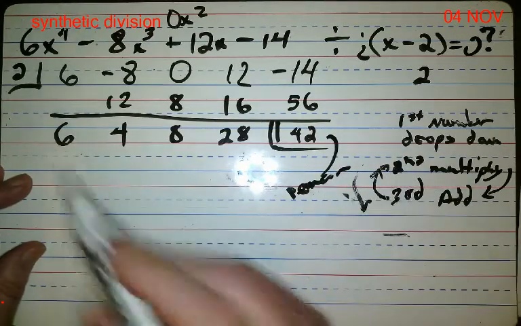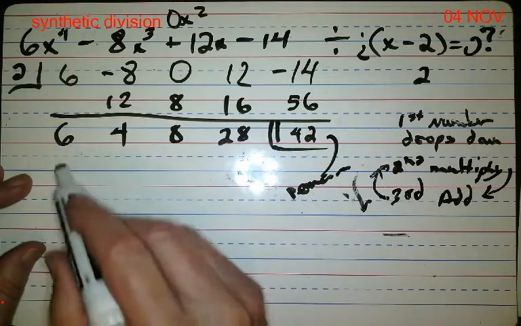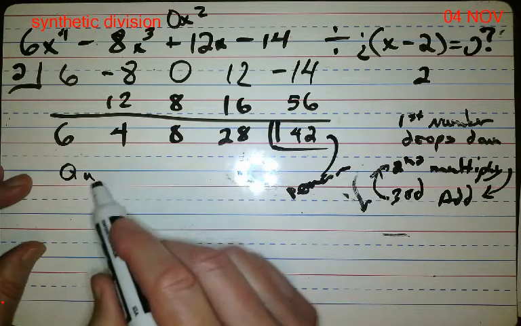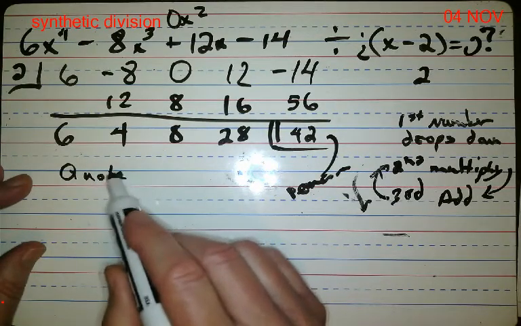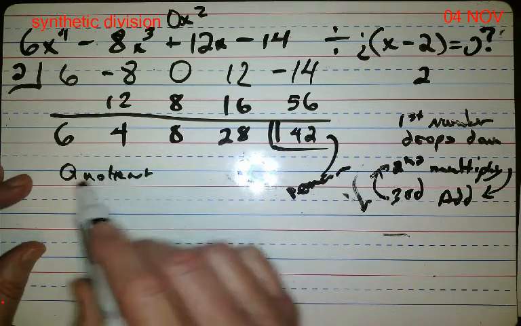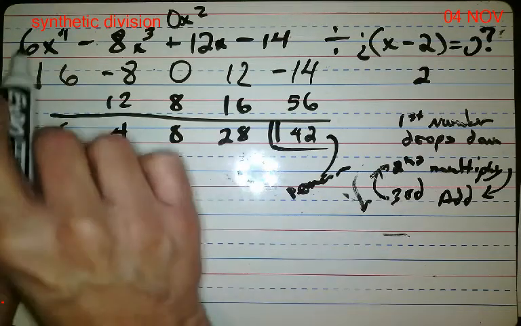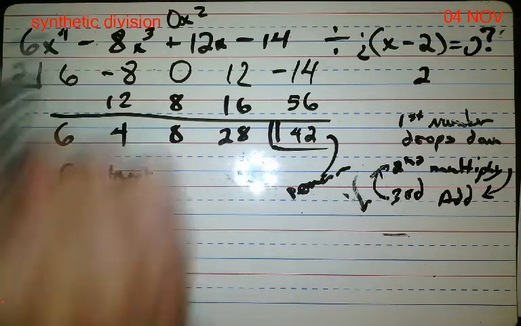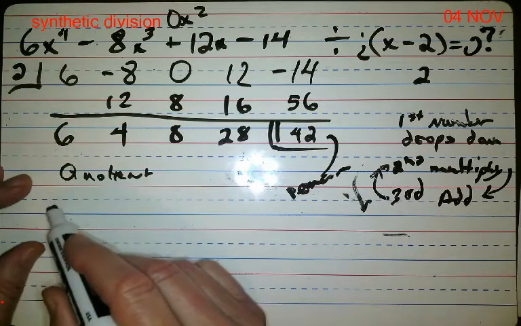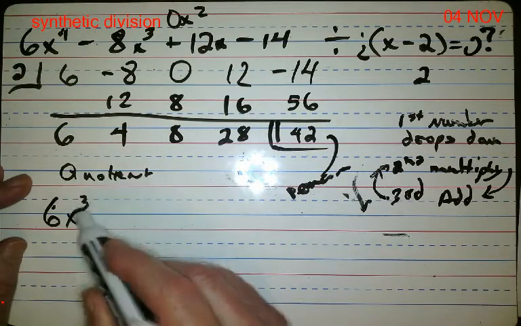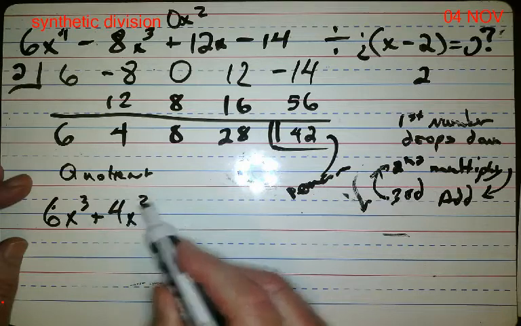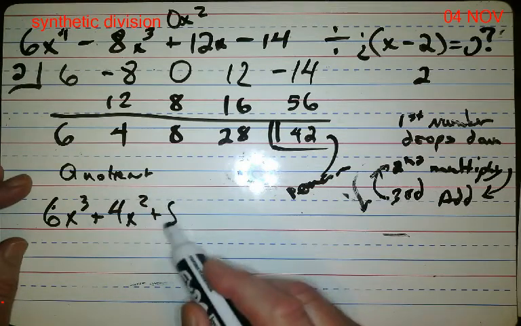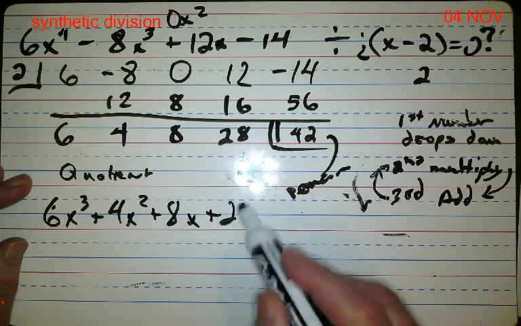So, now, what's the quotient? Remember, you have to say 1 exponent less than the one it started with. So this has to be 6x³ plus 4x² plus 8x plus 28.